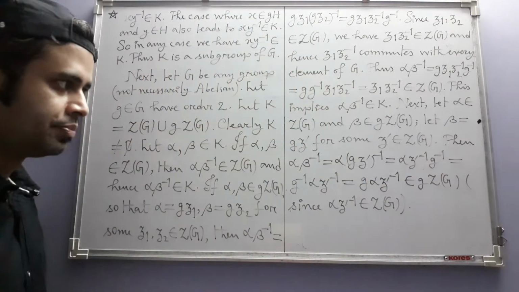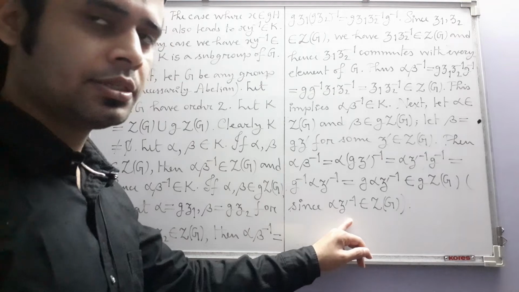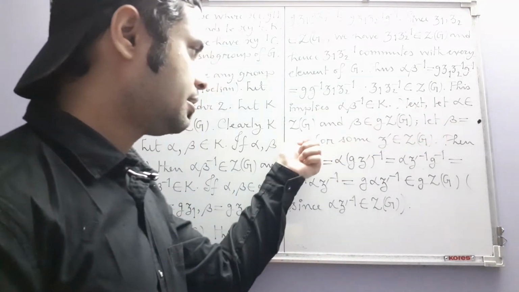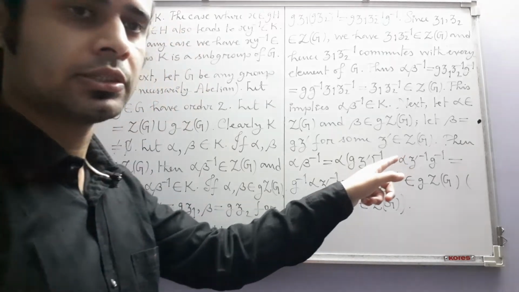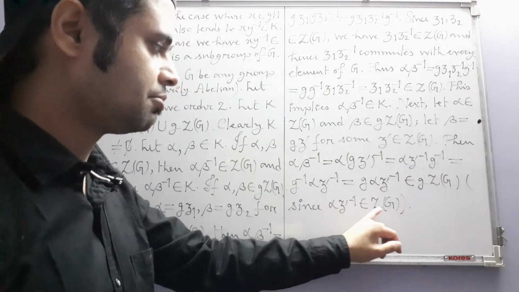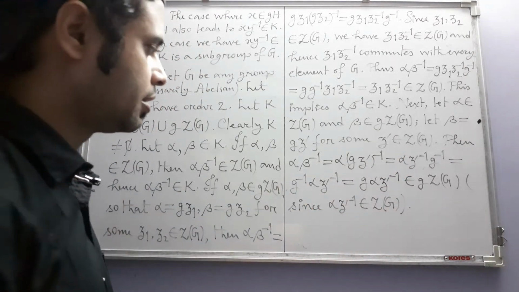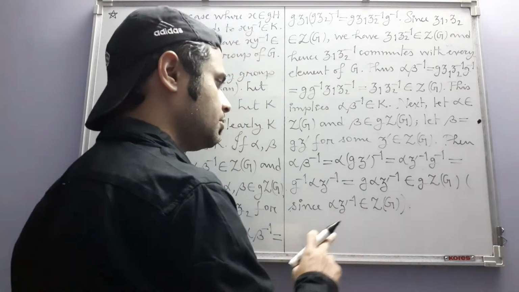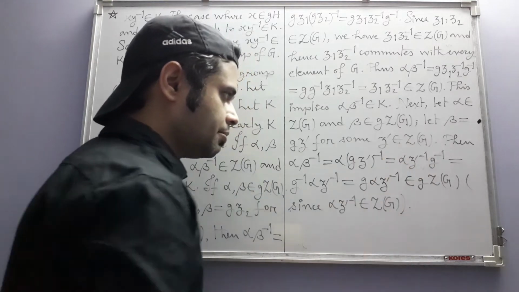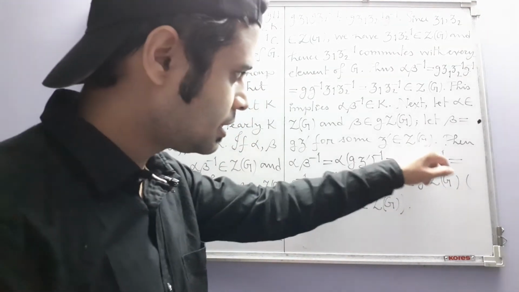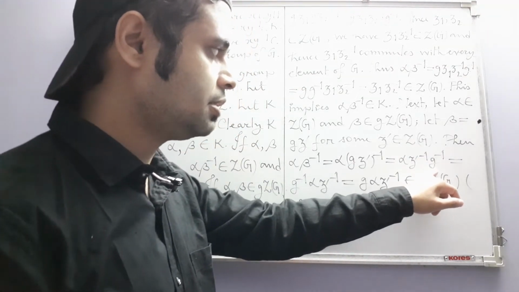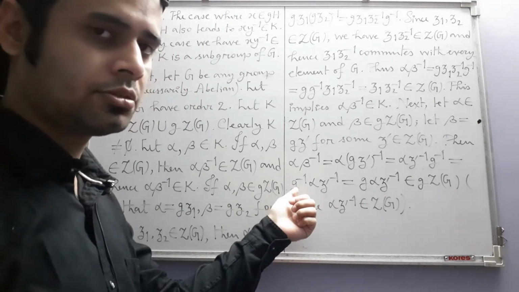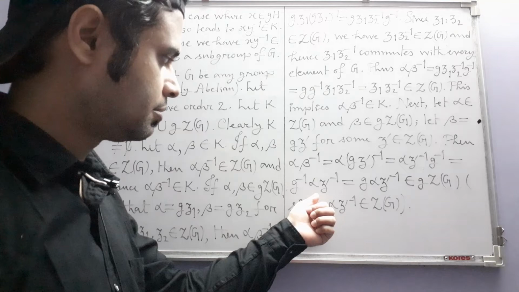Why? Let us see why this is true. First of all, alpha is a central element, Z prime is also a central element. So alpha Z prime inverse will also belong to the center. Now what will happen because of this? In this step, because this is a central element, it commutes with G inverse. So we have been able to bring G inverse to the left of this element.